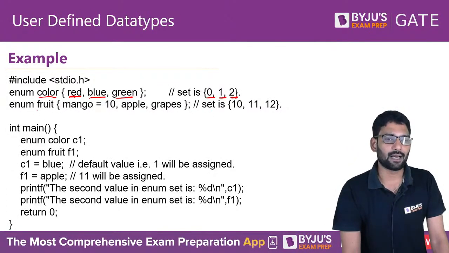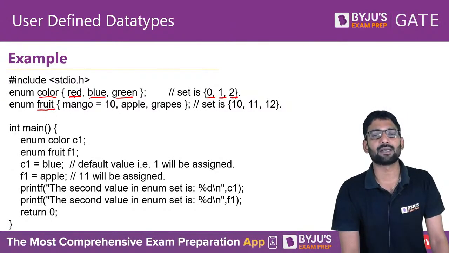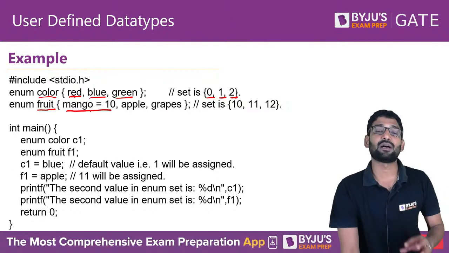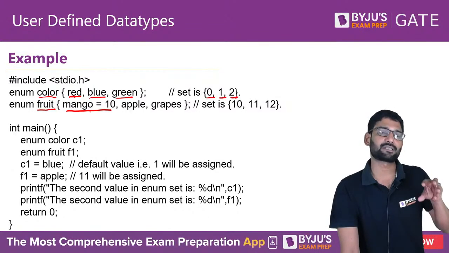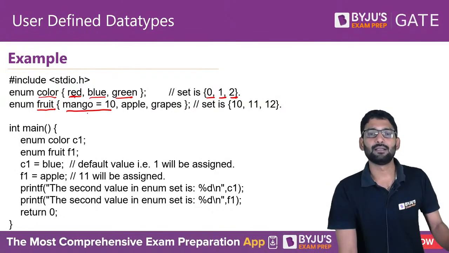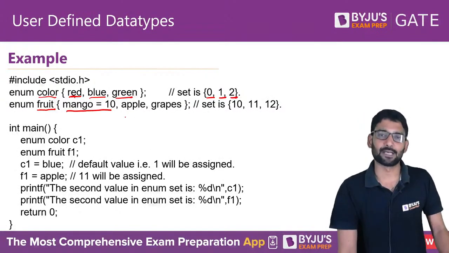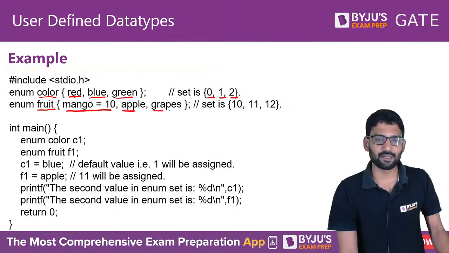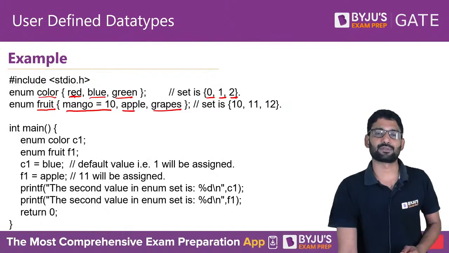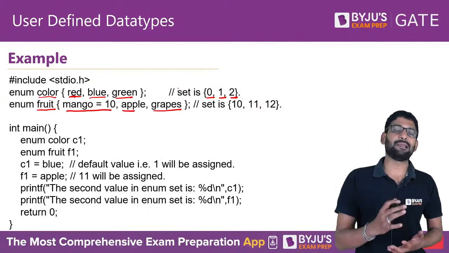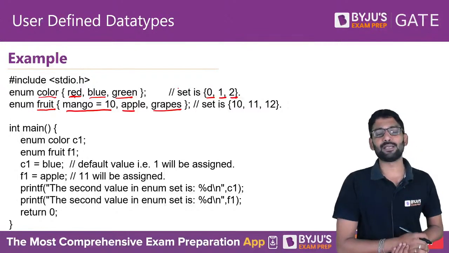Okay, and I am defining one more data type called fruit. What is the value I have assigned for the first variable? 10. Mango, I have assigned the value 10. And later variables are apple, grapes. So for apple, automatically what value would be assigned?